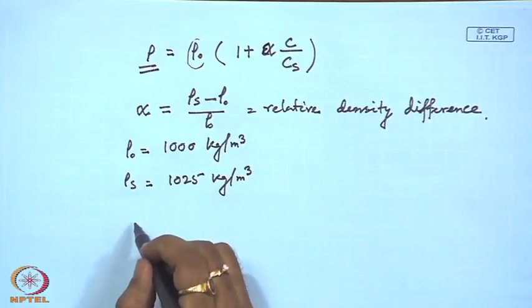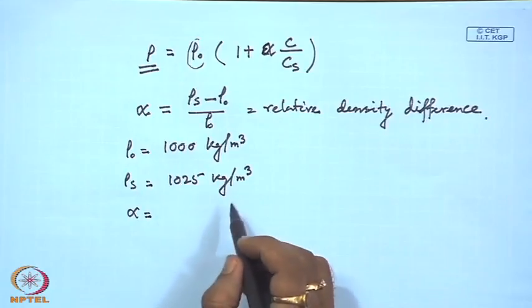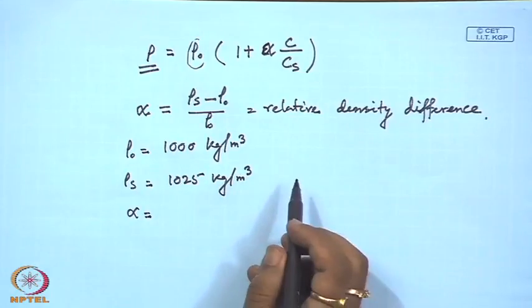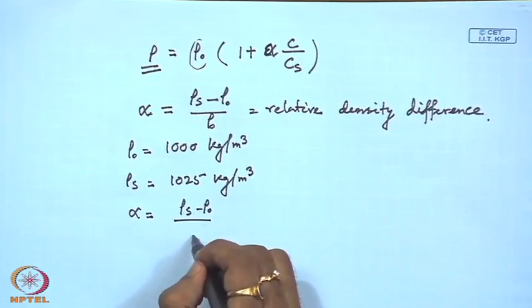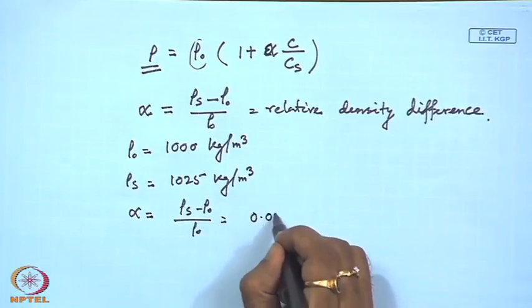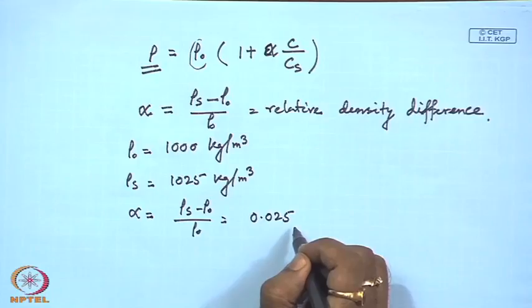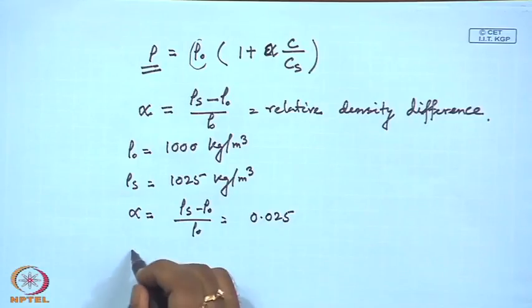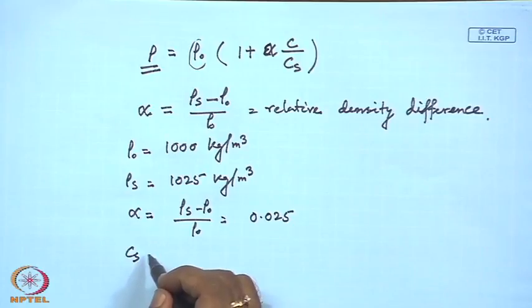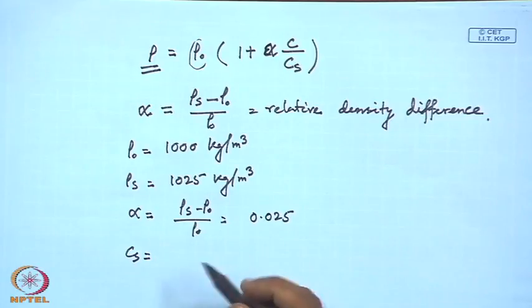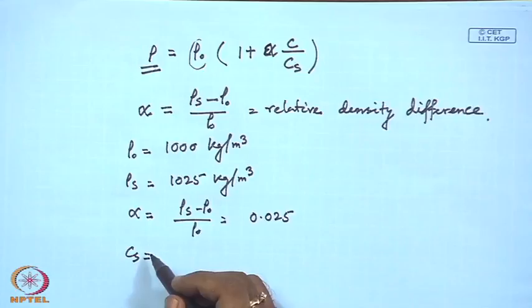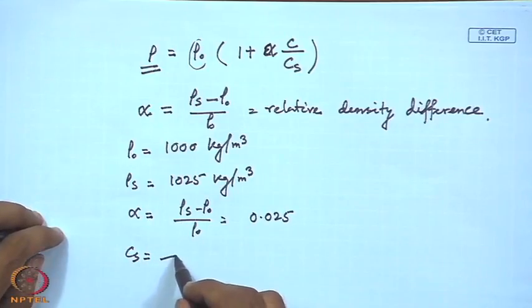Thus, this alpha or relative density difference ratio becomes 0.025, and this CS, which is usually the concentration of sea water, determines the whole thing.